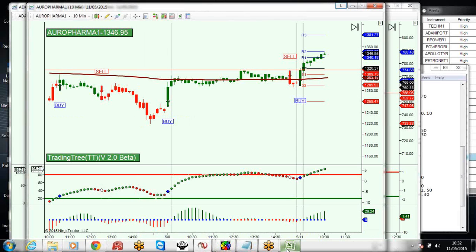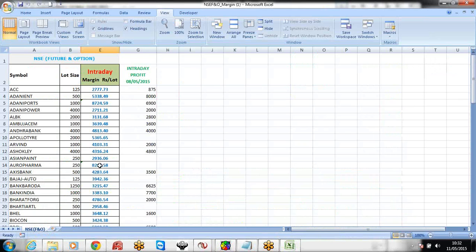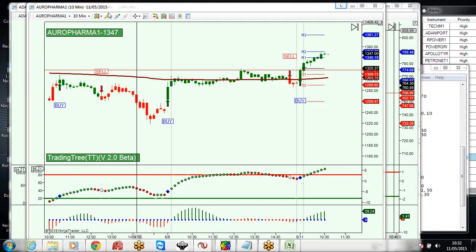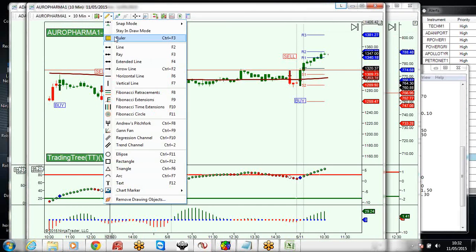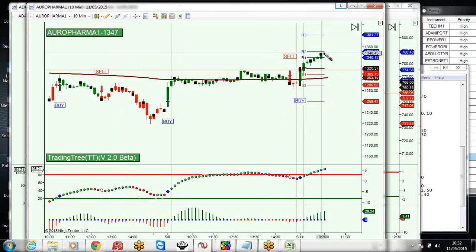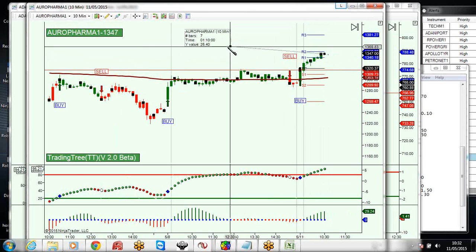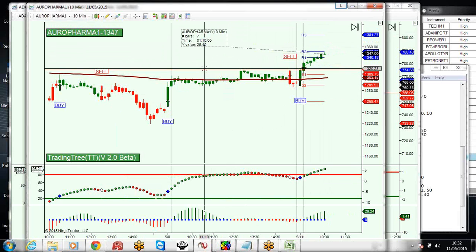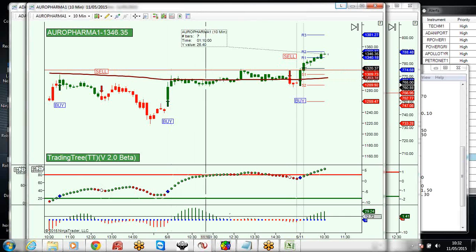So your investment for Aurobindo Pharma is something like 8,200 rupees. That's your intraday margin. So it's a profit of 6,500.